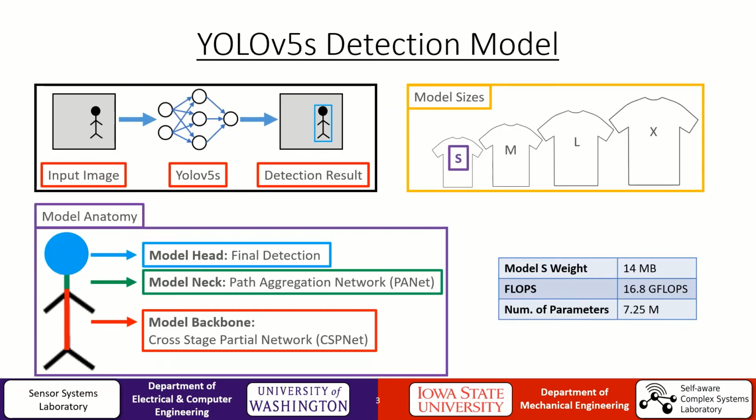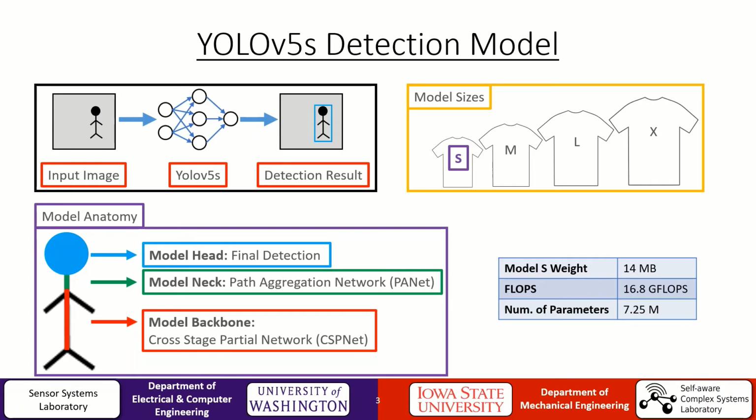In this slide, we will dive a little deeper into explaining the YOLO V5 detection model. Starting from the top left, the goal of the detection model is to take in an image and accurately output the bounding boxes that capture the presence of the occupant in the frame. A detection model usually contains three main components: the model head, neck, and backbone, as illustrated in the model anatomy on the bottom left.